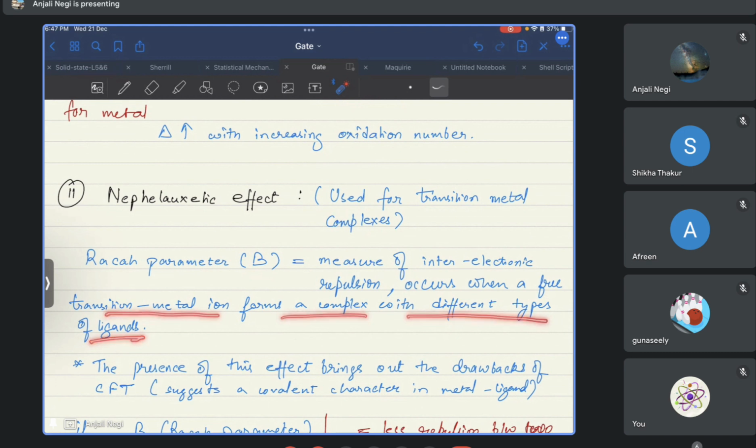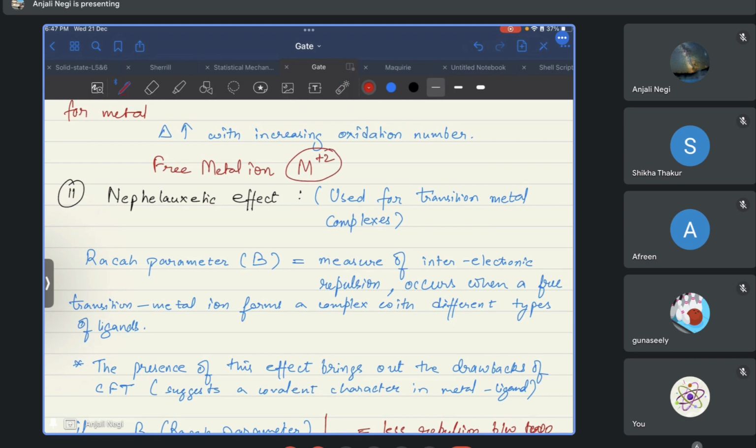Just understand it simply: I have some free metal ion, say M+2, and this metal ion has an electron cloud around it.